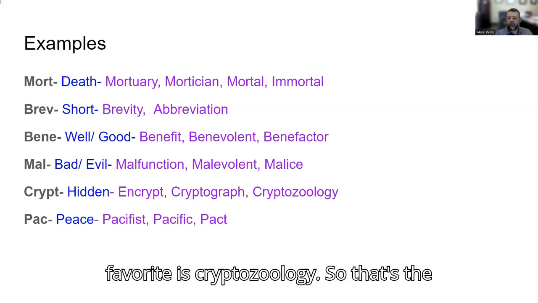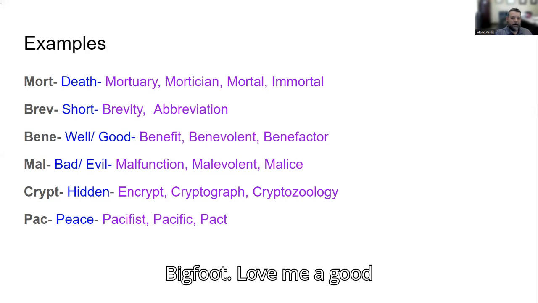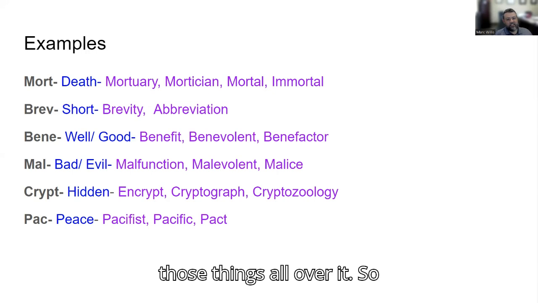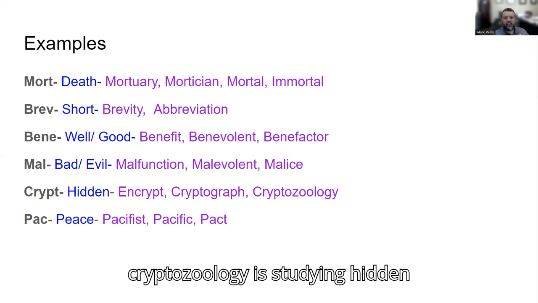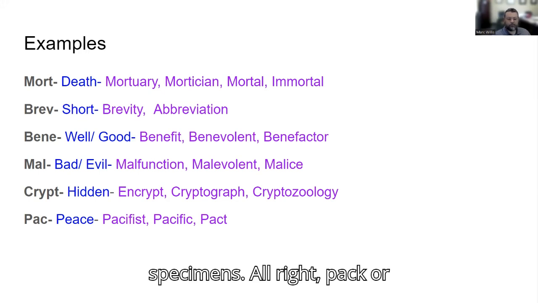And then my favorite is cryptozoology. So that's the study of hidden creatures like Bigfoot. Love me a good Bigfoot show. Loch Ness Monster, all those things, all over it. So cryptozoology is studying hidden animals, hidden zoological specimens.